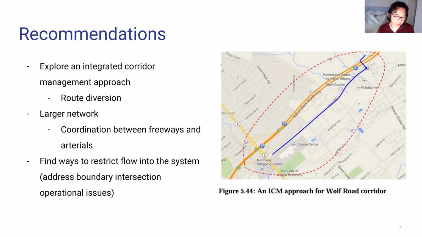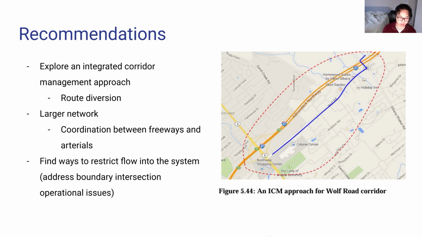So these are some recommendations that were actually stated in the report. It said to explore an integrated corridor management approach and consider route diversion, as well as exploring a larger network and coordination between freeways and arterials, and finding ways to restrict flow into the system.